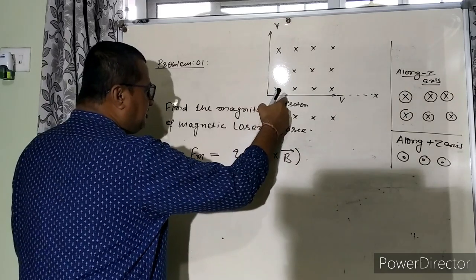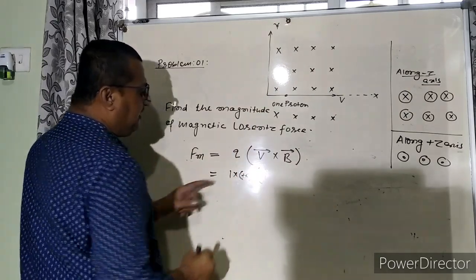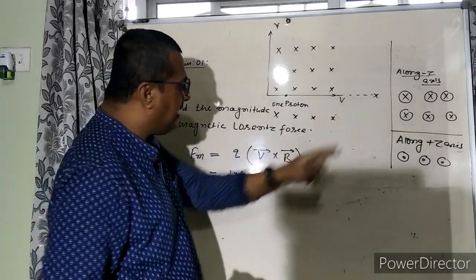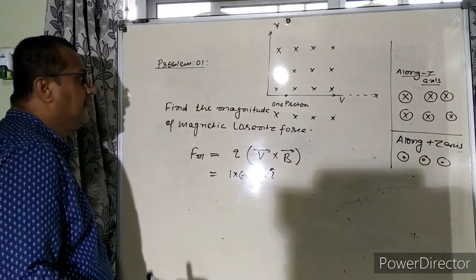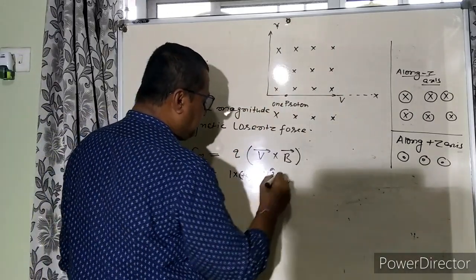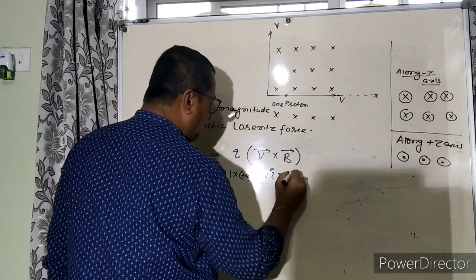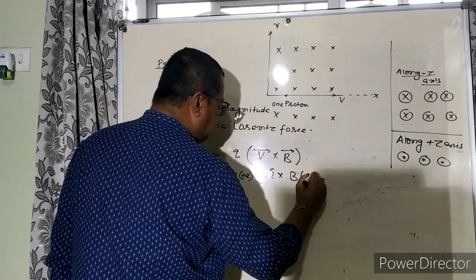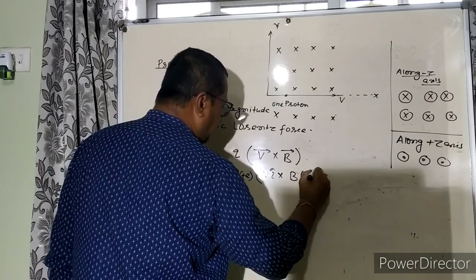This is the E, the charge on proton, plus E. This is the V. The direction of V is along x-axis, so this will be equal to V i cap. And the direction of the magnetic field is along minus z-axis, so this will be equal to minus k.